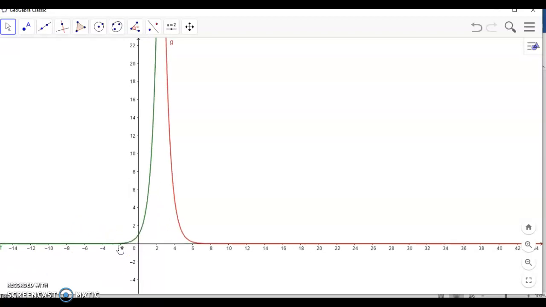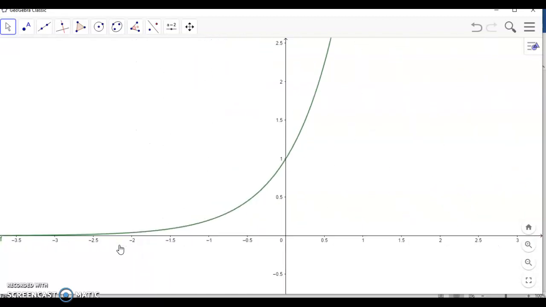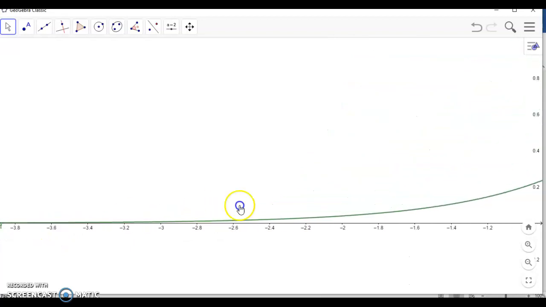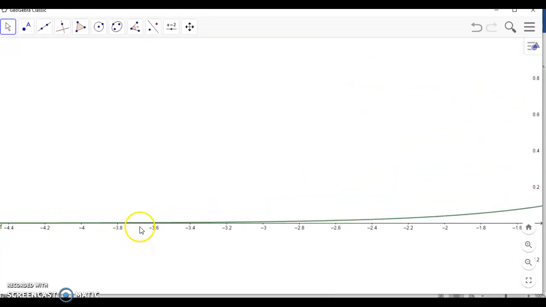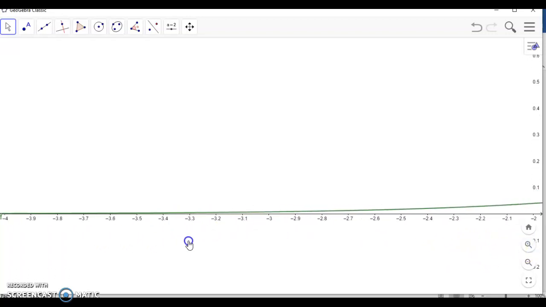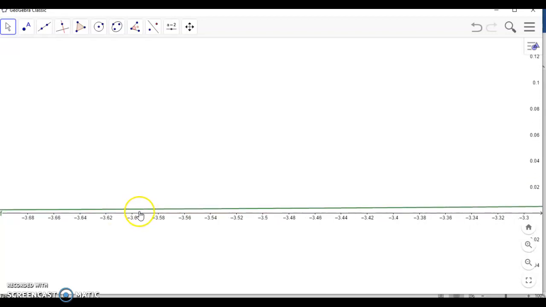And the more I zoom in, the more we can see that we're really close, but we're not actually touching it. And so I can zoom in more and more. And so here on top of 3.6, it looks like it's sitting right on that x-axis. But as I zoom in, we can see that even though it's really, really close, it's not actually touching it.